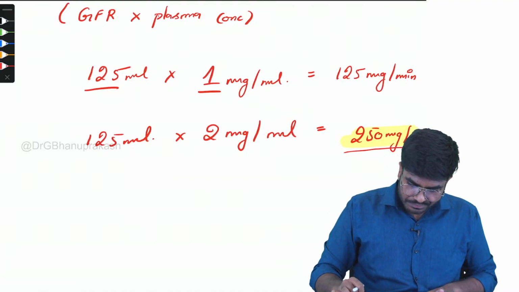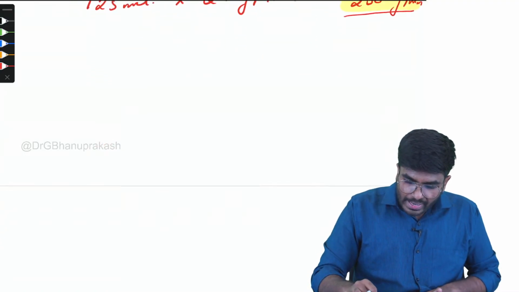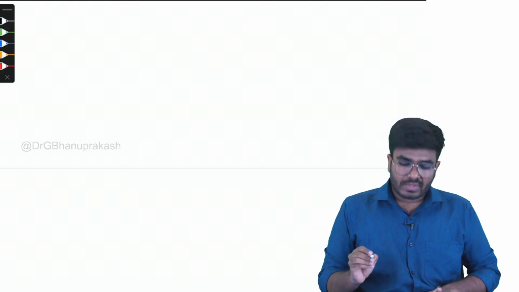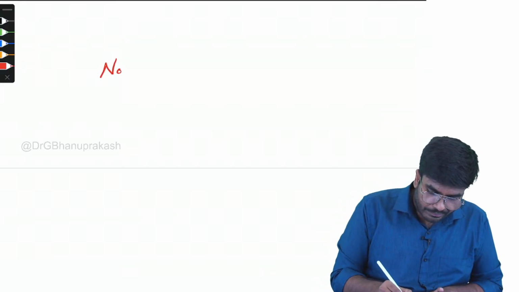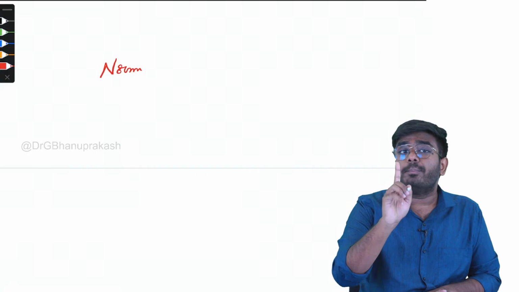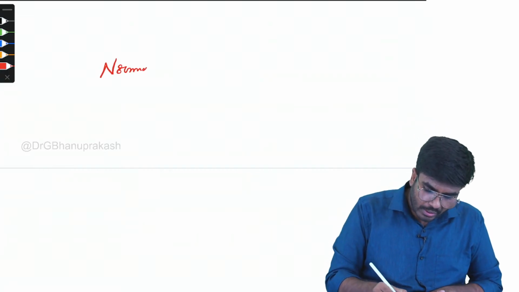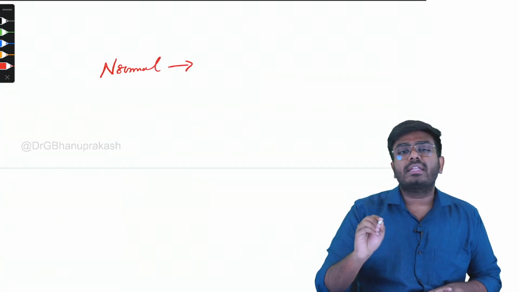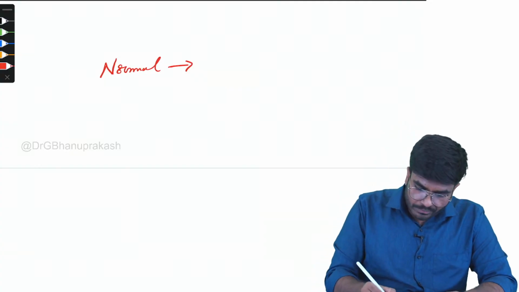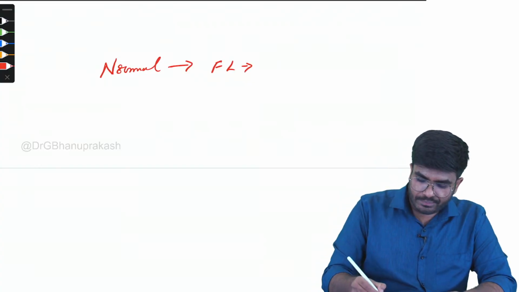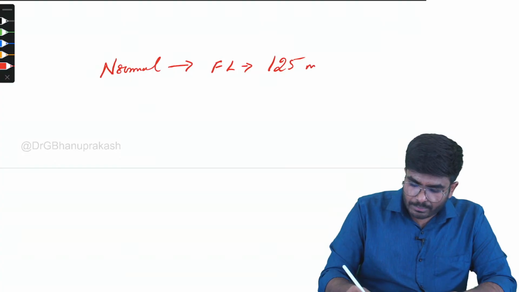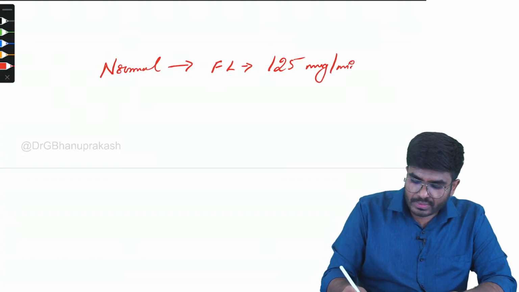Now, why have I discussed this with you? See, in a normal person, let me write it here, there are 3 important scenarios. In a normal person, what is the filtered load? The filtered load is 125 milligrams per minute.